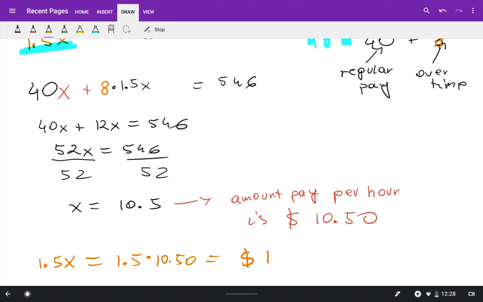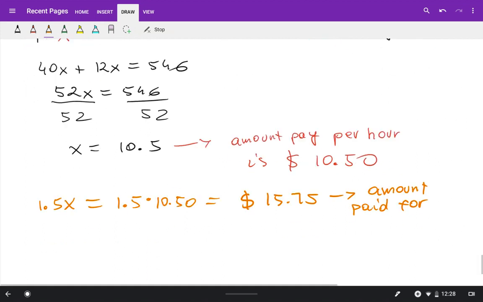So she makes $15.75. This is the amount paid for each overtime hour, which means for each hour after 40 regular hours.